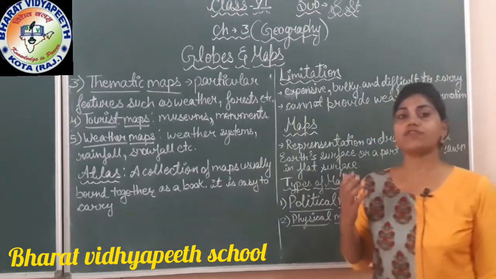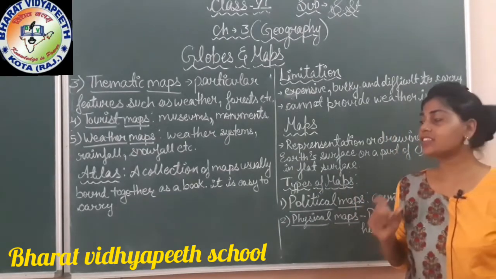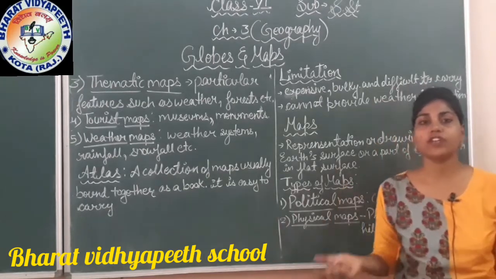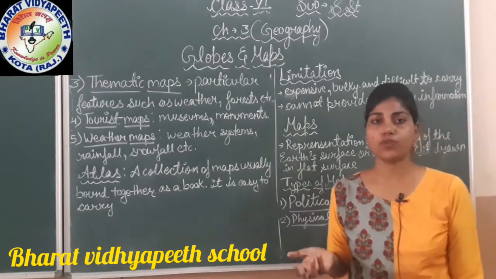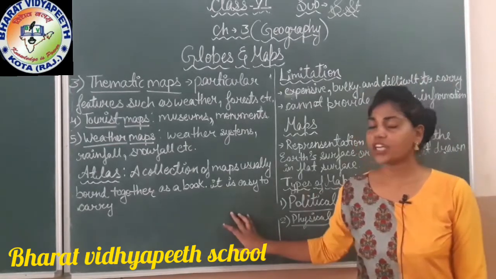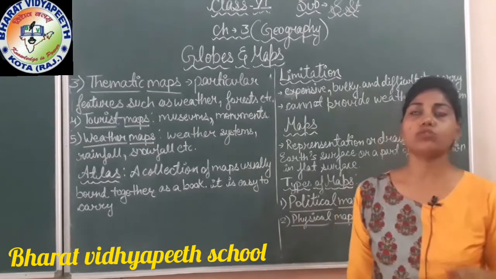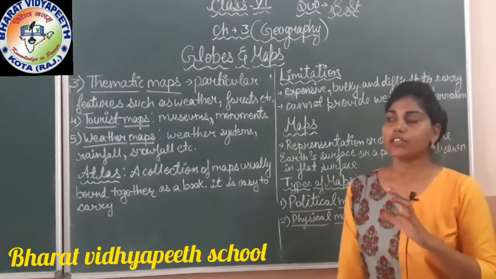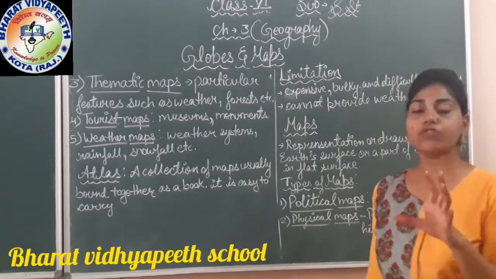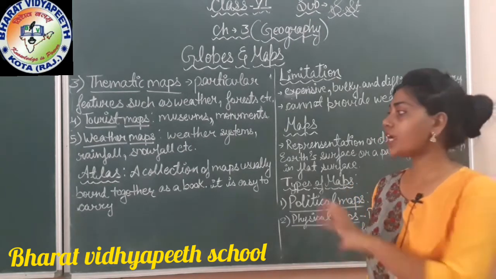We can carry it from one place to another, as it is difficult to carry a globe, but the atlas is a simple book which we can carry when we want to travel from one area to another, or when we want to explore something. Sitting in India, if you want to know about America, what the countries and towns in America are, you can sit in your room and see it on your atlas.